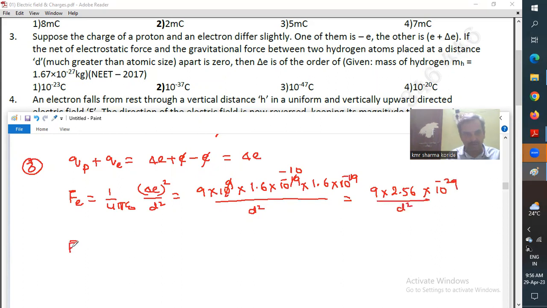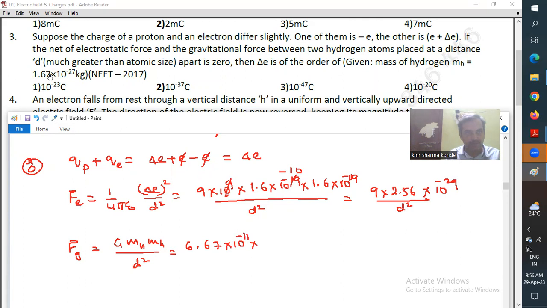Now moving to the gravitational force part. So G, capital G, mass of hydrogen and mass of hydrogen, because there are two hydrogen atoms, divided by d square. The gravitational constant is 6.67 into 10 to the power of -11.